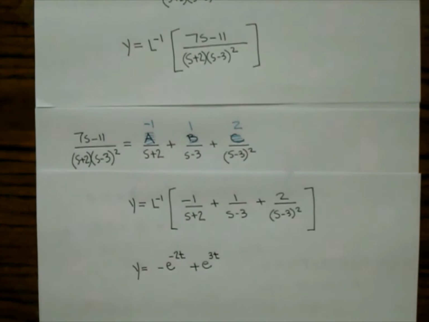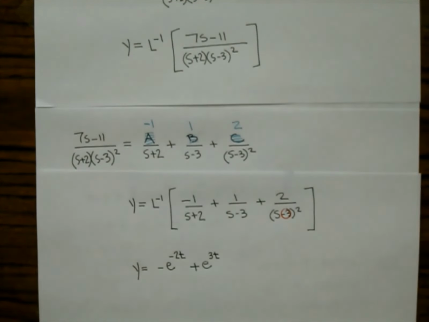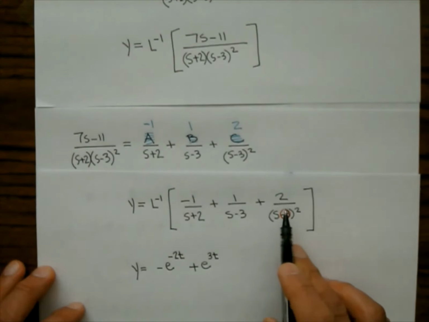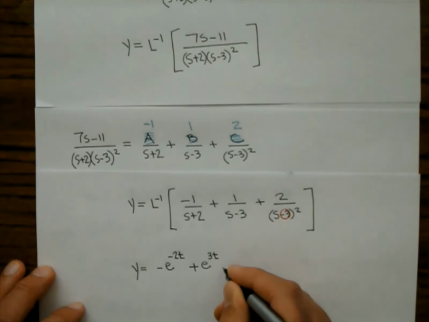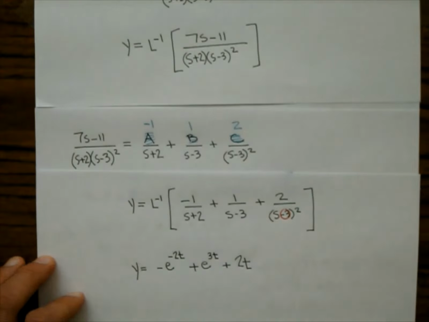Well, there's some shifting going on here. Here's the first shifting theorem, so I'm going to temporarily ignore the -3, and it's really the inverse transform of 2 over s squared, or just 1 over s squared. The inverse transform of that is just going to be t. So this is going to be plus 2t.